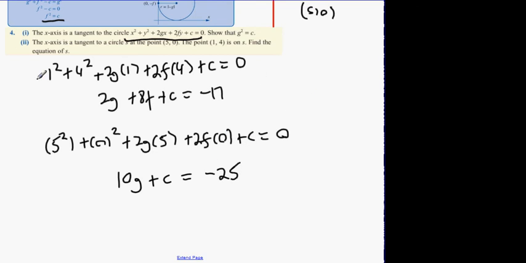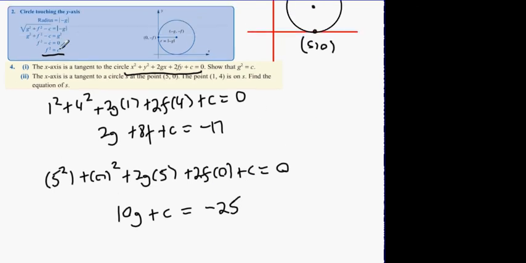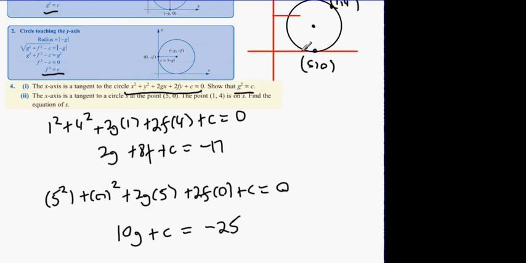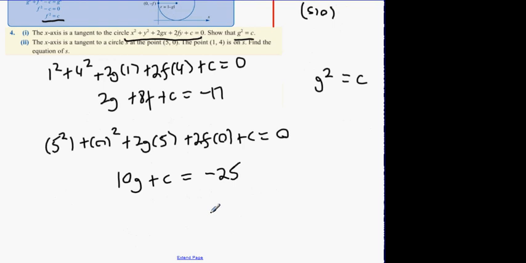Now this is where our knowledge comes in. You go, wait a minute. If the x-axis is a tangent, that means g squared is equal to c. So straight away, I'm going to replace this c with g squared. I get g squared plus 10g plus 25 equals 0, bringing the 25 back over.